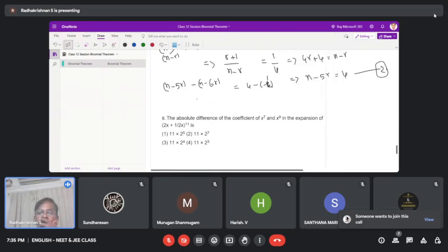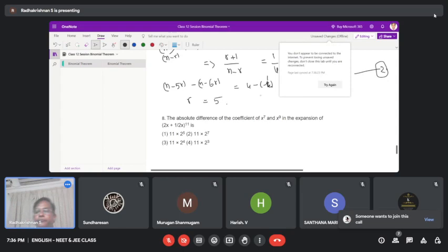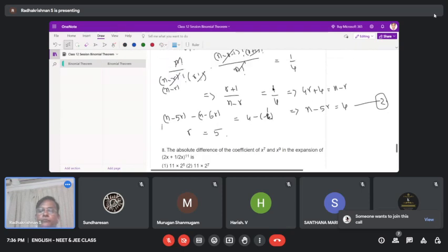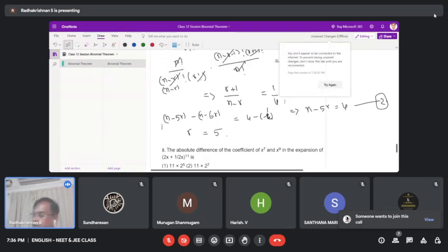Minus 5r plus 6r, so this is r, equal to 4 minus minus 1. So r equal to 5. If r equal to 5, you can immediately determine n. n equal to 5r plus 4. So r equal to 5, n equal to 29.